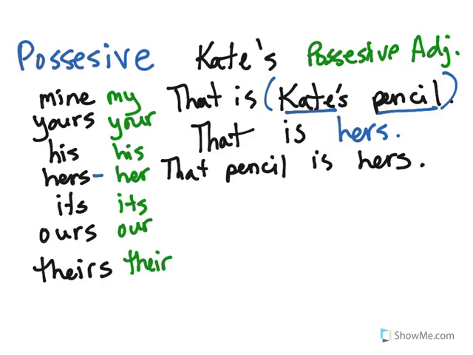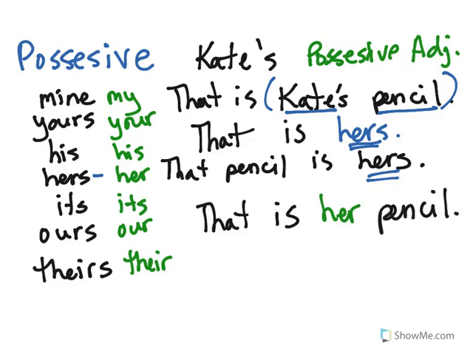But with possessive pronouns, right, in our examples, you'll notice I'm using them alone. Possessive adjectives cannot be used alone. I have to use them together with a noun. So instead of saying that is hers, I would have to say that is her pencil.